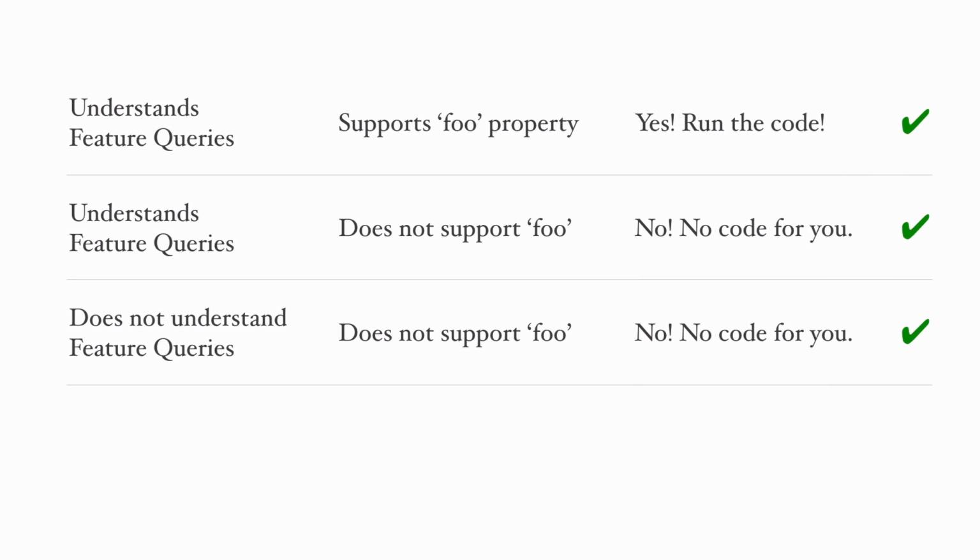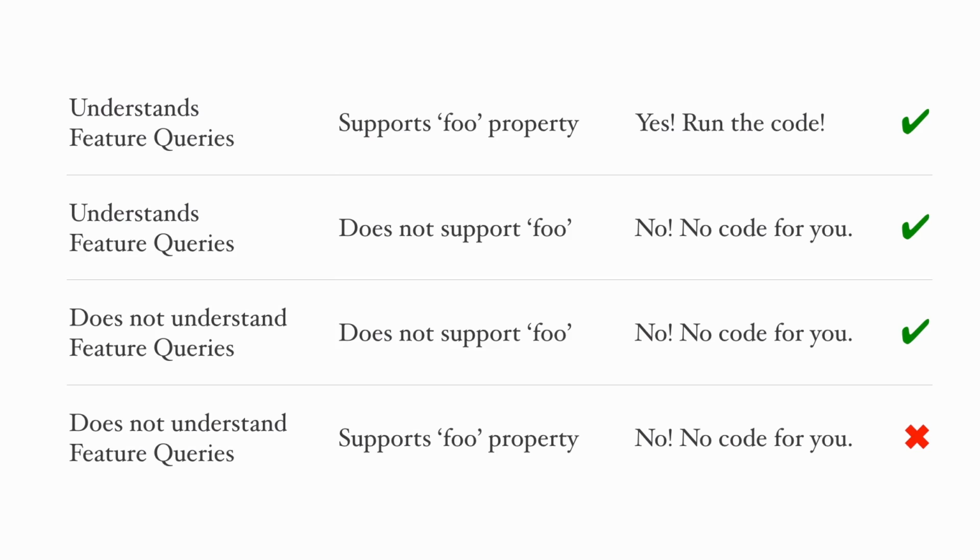But it's fine if it also does not support the property or the value that you're testing for. Why? Because the result is that the code does not get run, and that's what we want. We want the block to be skipped, and the block is skipped. It's skipped because the browser doesn't understand the block of code. Kind of not the right reason, but it doesn't really matter. We get the result that we want.